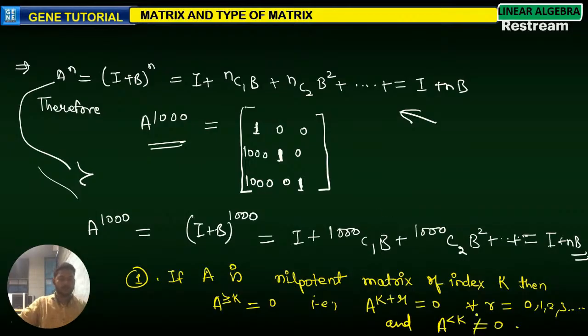So these are the basic solutions for the problem, and one note related to this problem. The note says that if A is a nilpotent matrix of index k, then A to the power k plus r is equal to 0 for all r equal to 0, 1, 2, 3, and A to the power less than k is not equal to 0.